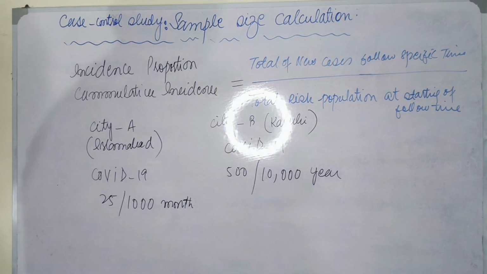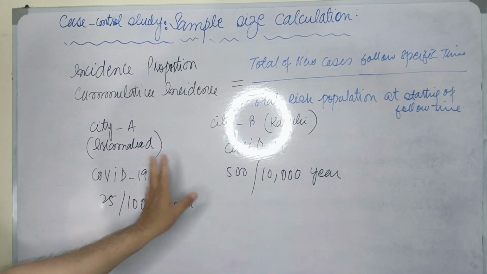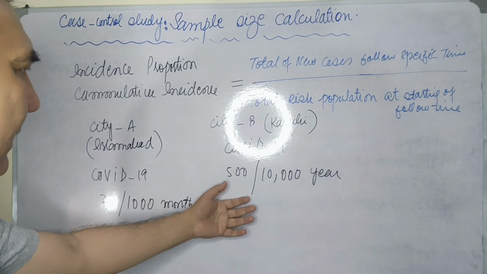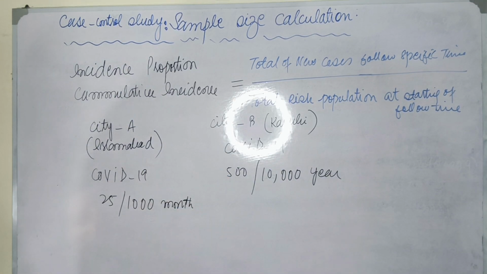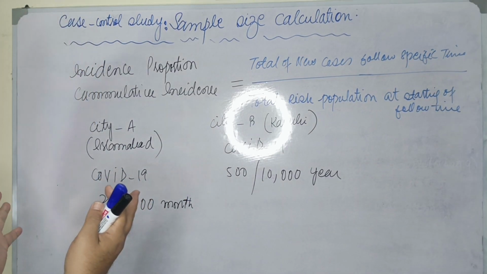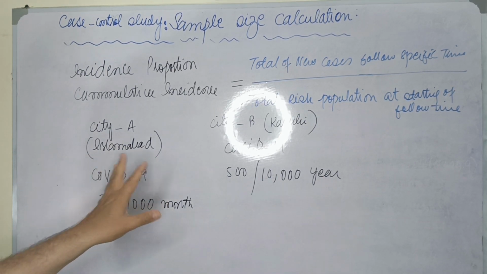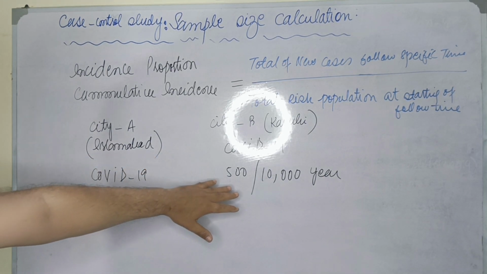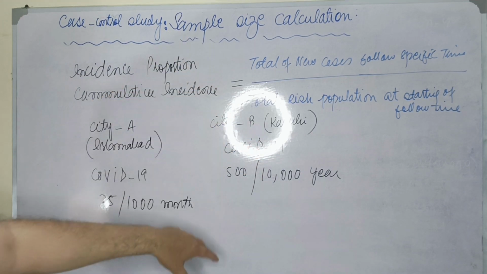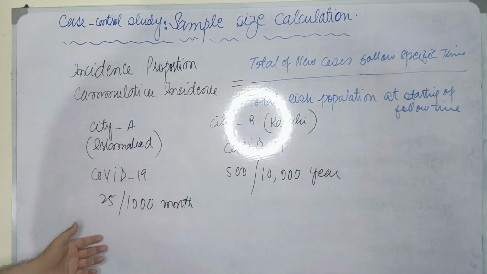If you roughly look at these two data, the incidence rates of the two cities, definitely you will say that city B, Karachi, has a little bit higher incidence rate of COVID-19 compared to Islamabad.